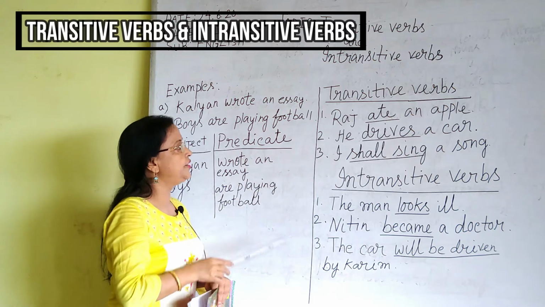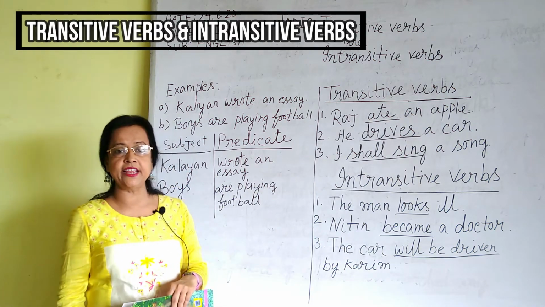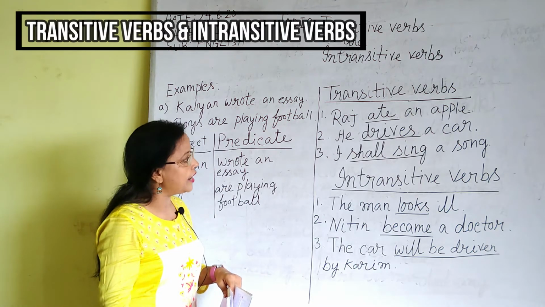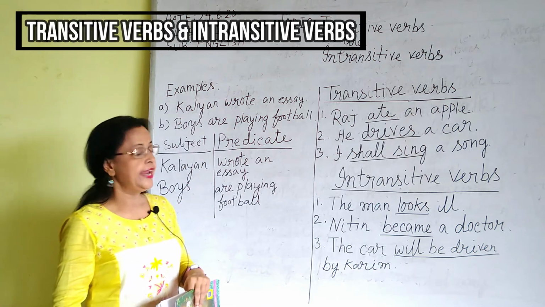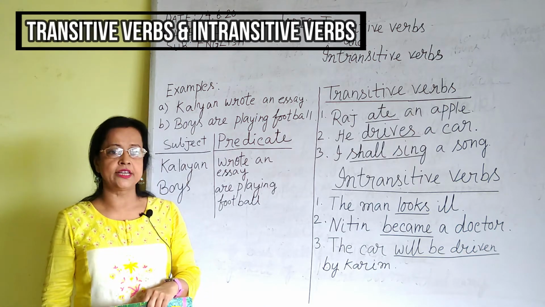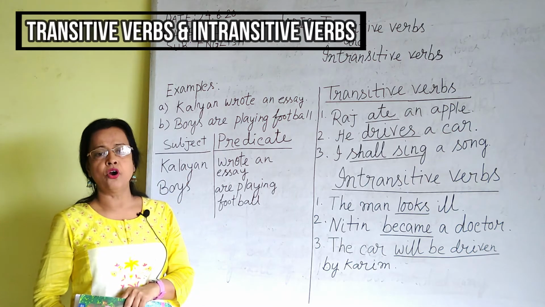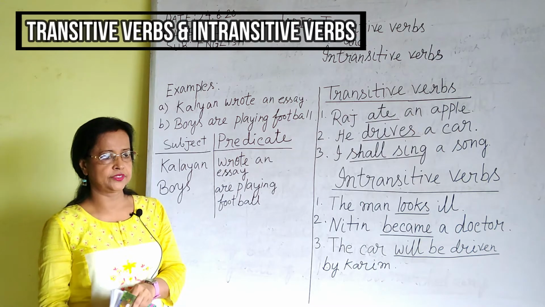Number 2, he drives a car. Number 3, I shall sing a song. Here, apple, car and song are objects of the verbs ate, drives, shall sing. So, a transitive verb always carries an object.